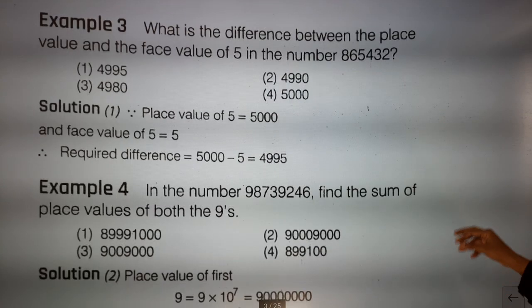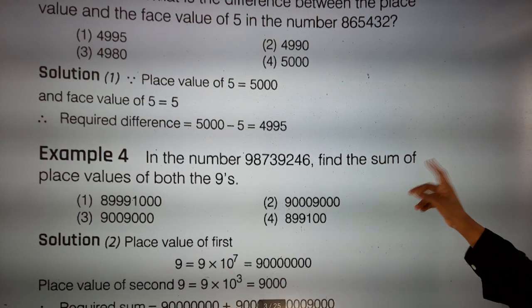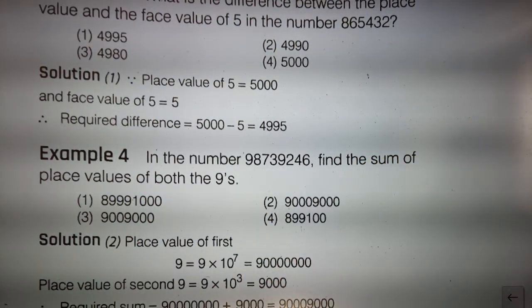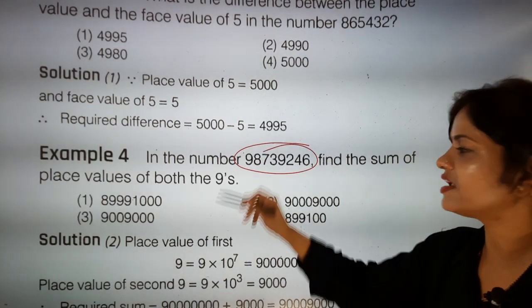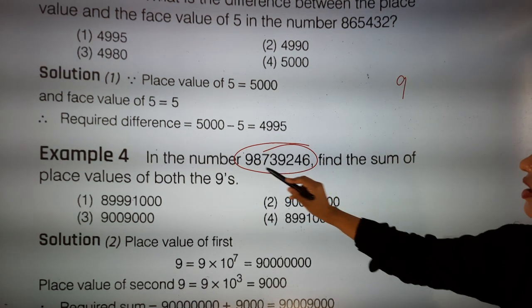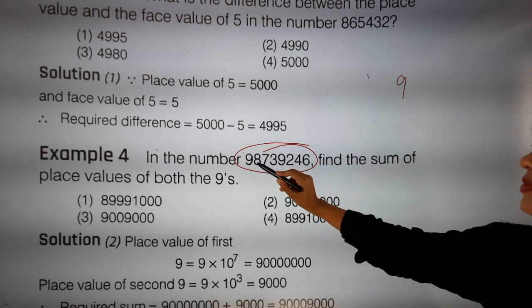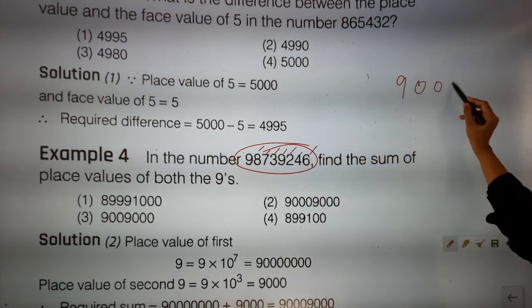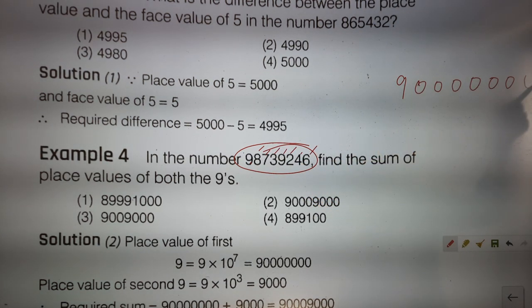Okay. Now this number: find the sum of place values of both the 9s. So this is another type of question which comes in exams. So 2 and 9 are there. One 9 is exactly present in this location. After this 9, how many zeros? 7 zeros.